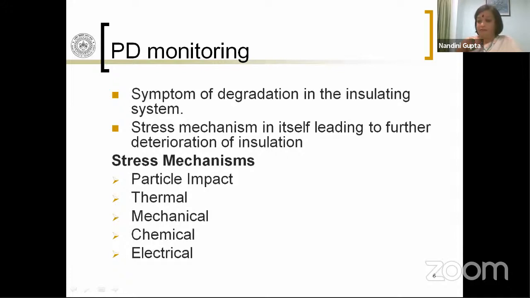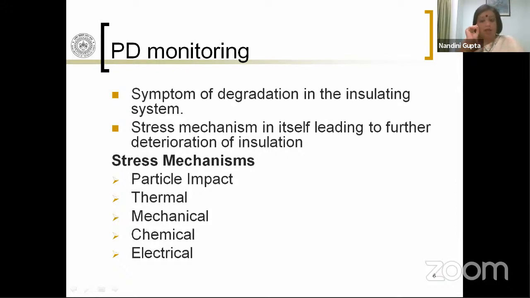So if you have PD, it probably means that there is something going on in the insulating material, and that is causing degradation. So you need to take action. You need to use that as a symptom of degradation, and you need to decide whether this needs corrective action or not.